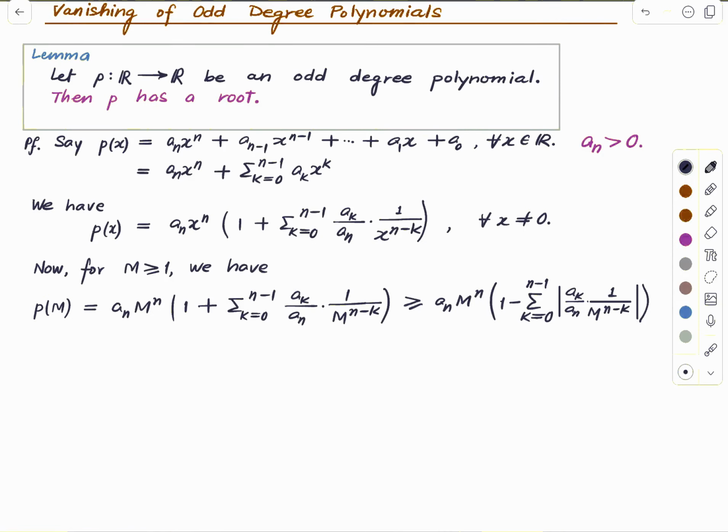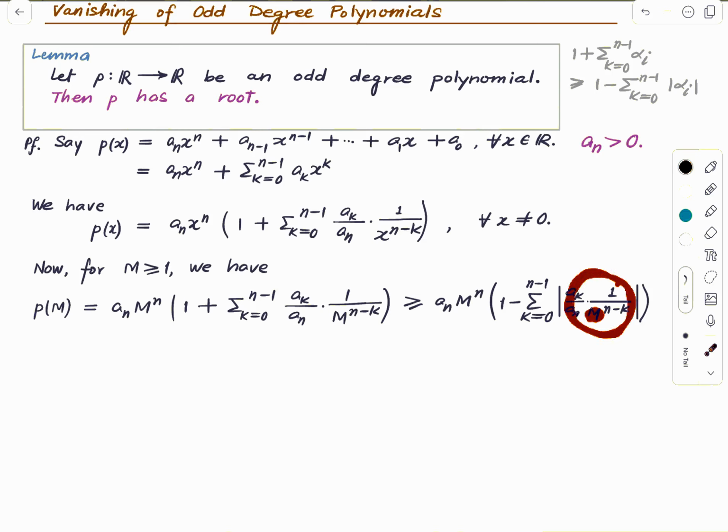All we are saying is that 1 plus the summation, where the alpha i are real numbers, is at least that much. It's completely trivial what I'm writing. But now here is the point. If m is a very large positive integer, then this is very small, and therefore this is very small.